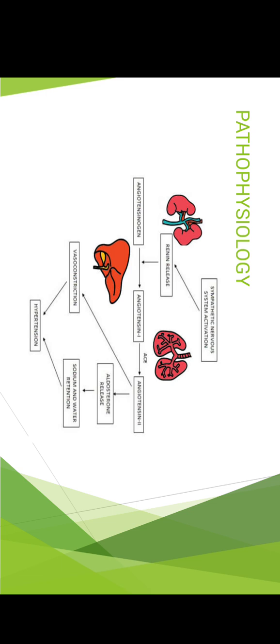When aldosterone is released by the adrenal gland, sodium and water retention occurs. When sodium and water retention occurs, the blood volume increases. When blood volume is increased, the blood pressure is also increased, which causes hypertension. And this is the pathophysiology described by the RAS system.